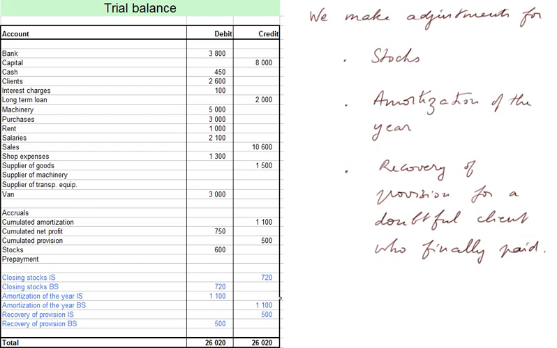And we have something special. Since the client we had provision for actually paid, we have to recover the provision, and this is done via this recovery of provision in the income statement. It will become a credit, and recovery of provision in the balance sheet, it will be a debit that will cancel this past provision.